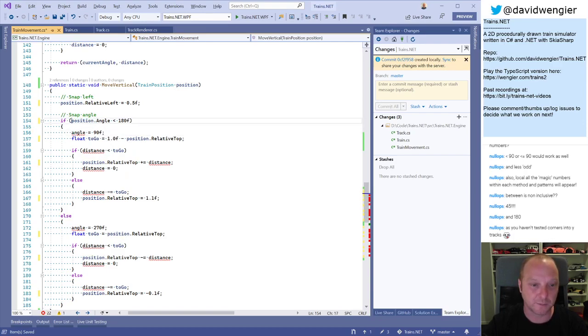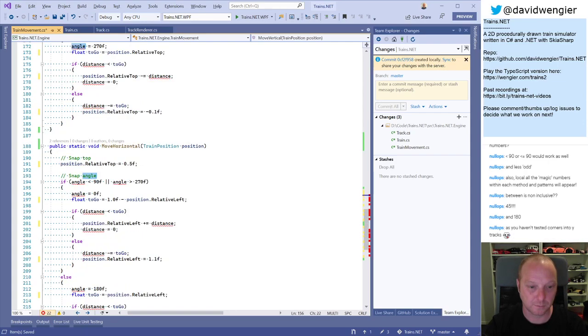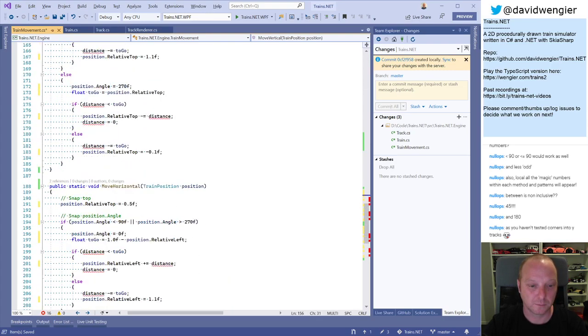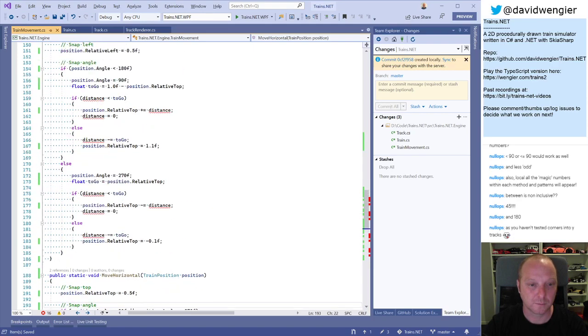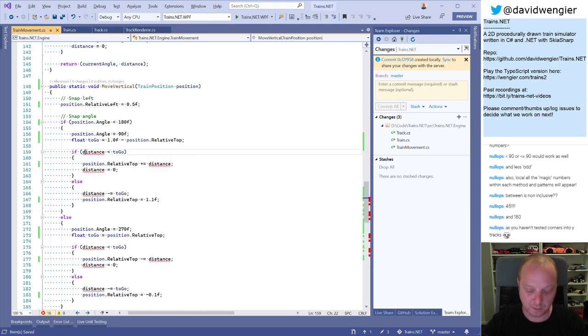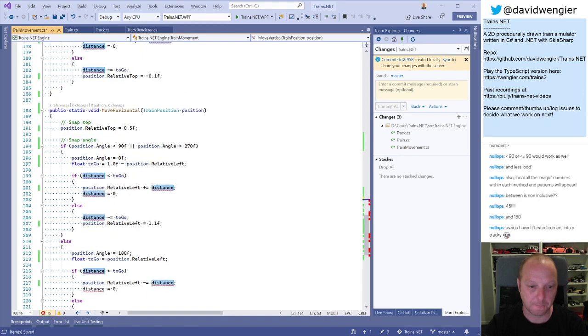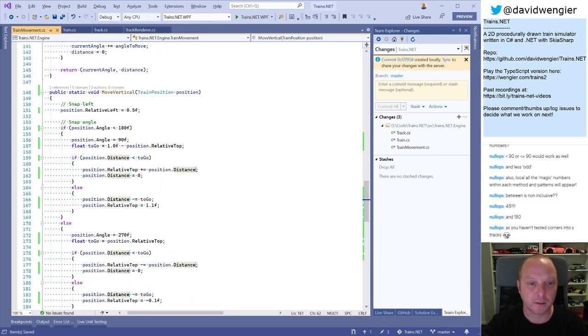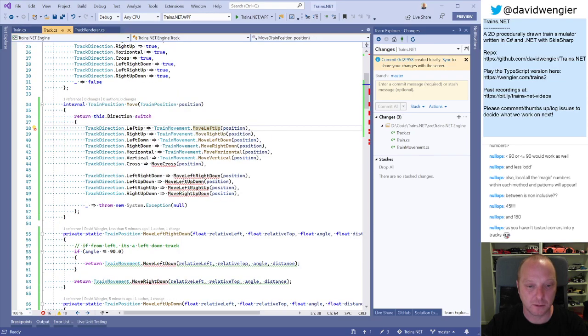Oh, that's not going to work. And this is position. Can't spell. No. Come on. Okay. That should all compile. So this should all compile.